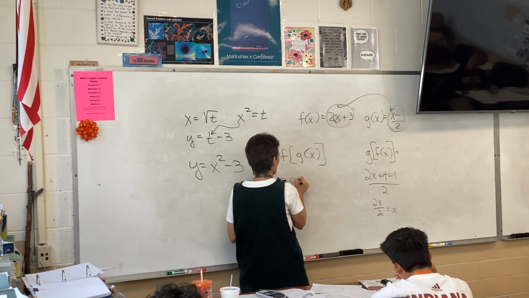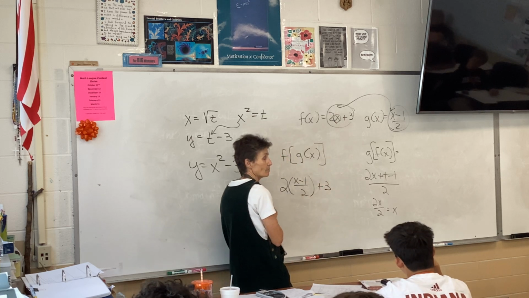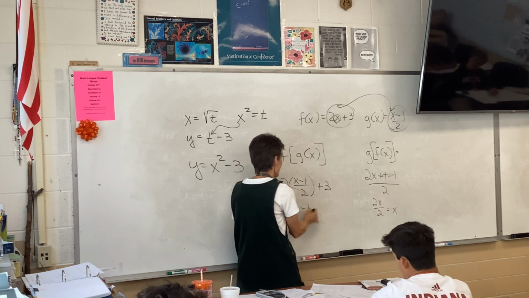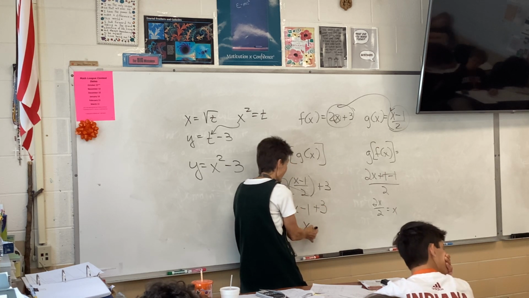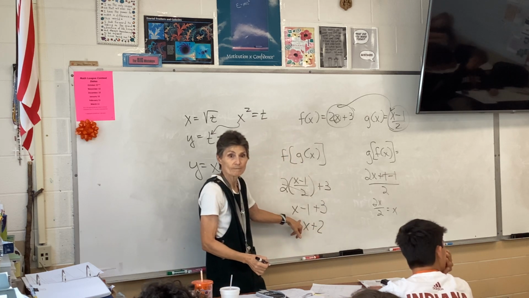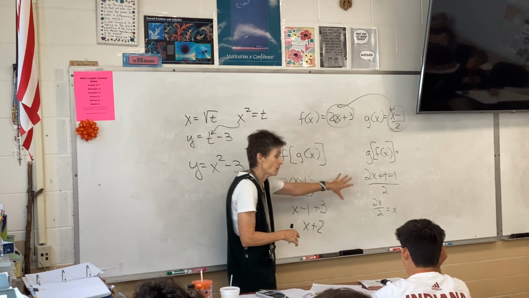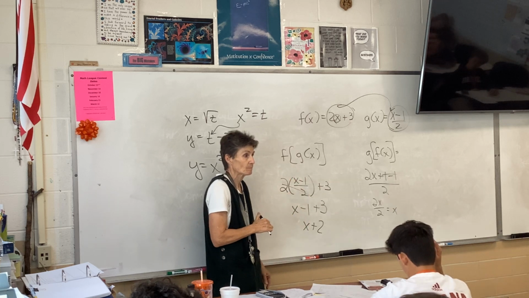So 2x minus 1 over 2 plus 3. So x minus 1 plus 3, see what happens? I don't get x, I get x plus 2. So that would be a no. And you can stop right there. There's no point in doing the other one because they both have to equal x.